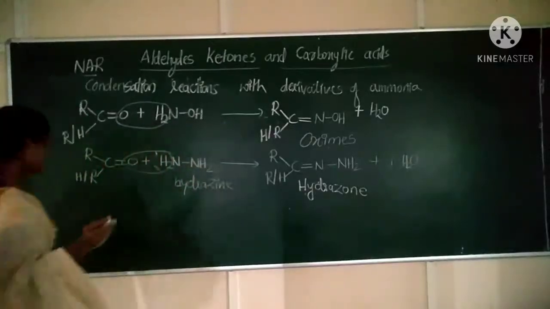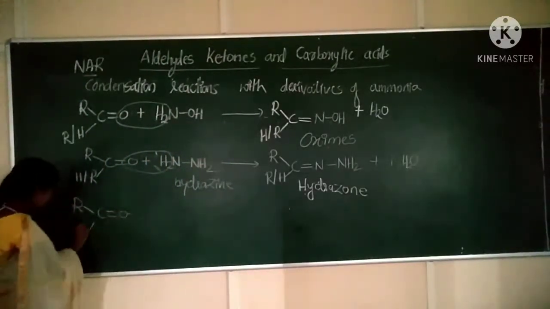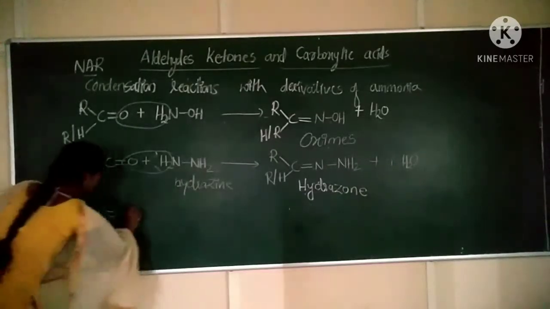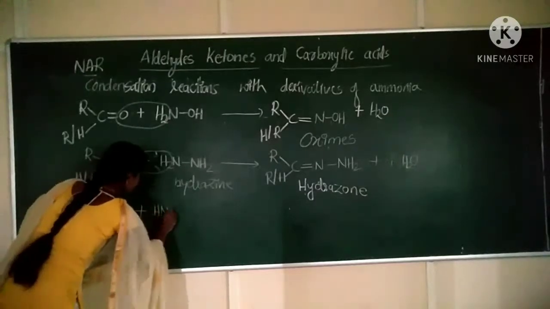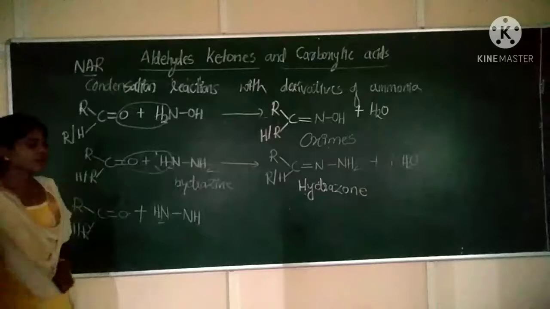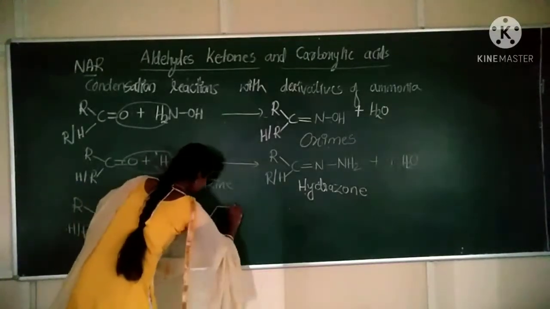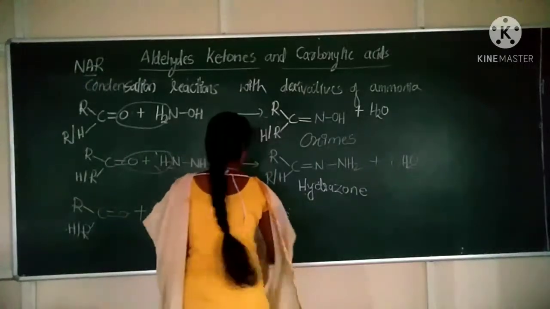Okay. Next. Aldehyde or ketone reacts with phenyl hydrazine. What is phenyl hydrazine? H2N same, NH same. Now one hydrogen is substituted by what? Phenyl. What is the product now?